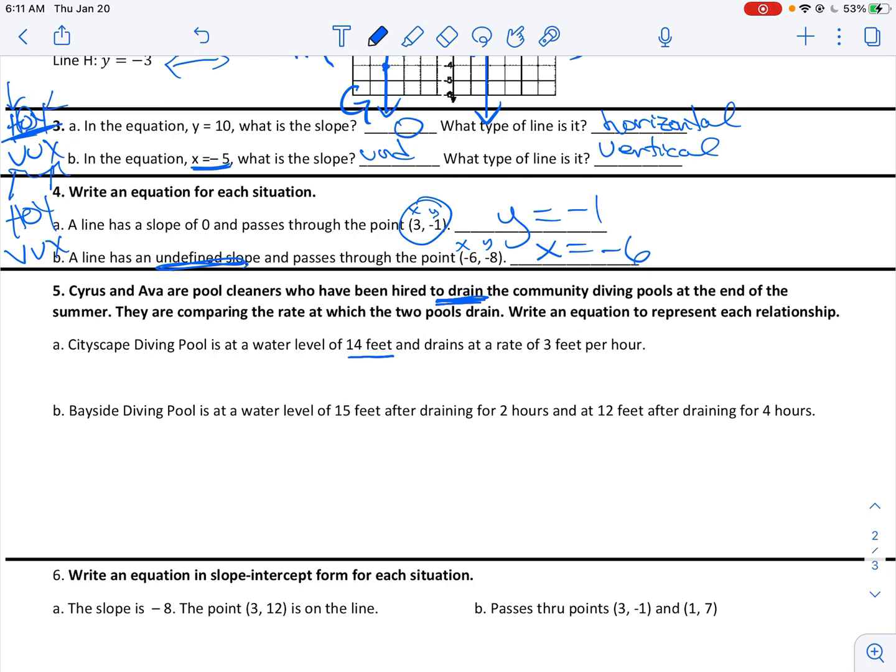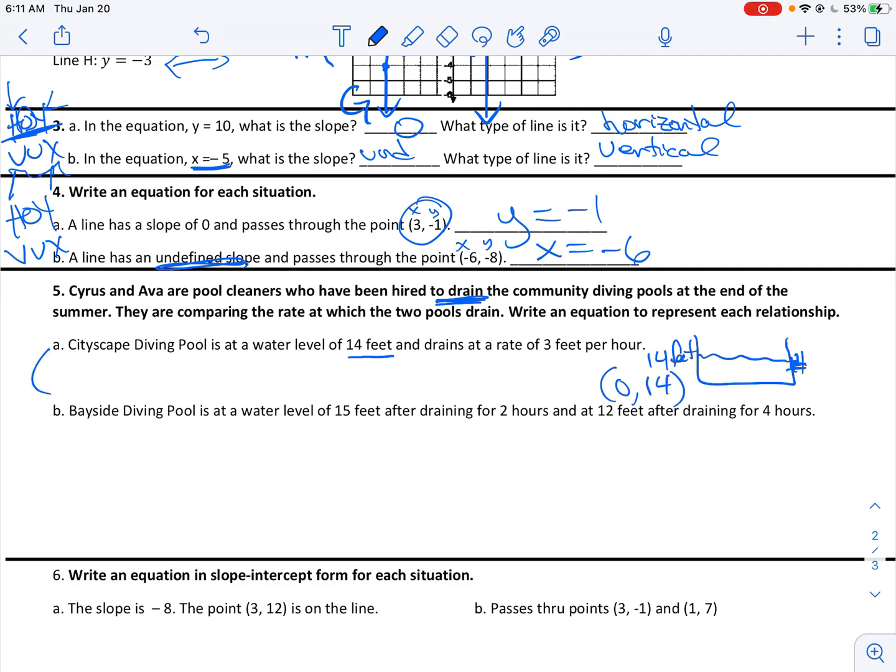So when I have this pool, we'll draw it like this. The pool is at 14 feet, you can't even see it, so put it over here, 14 feet. That's where it's starting, so that means it's at (0, 14).